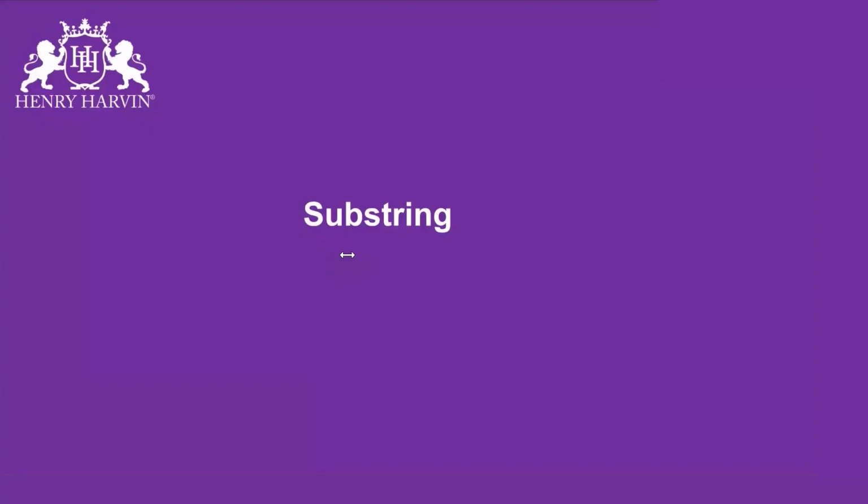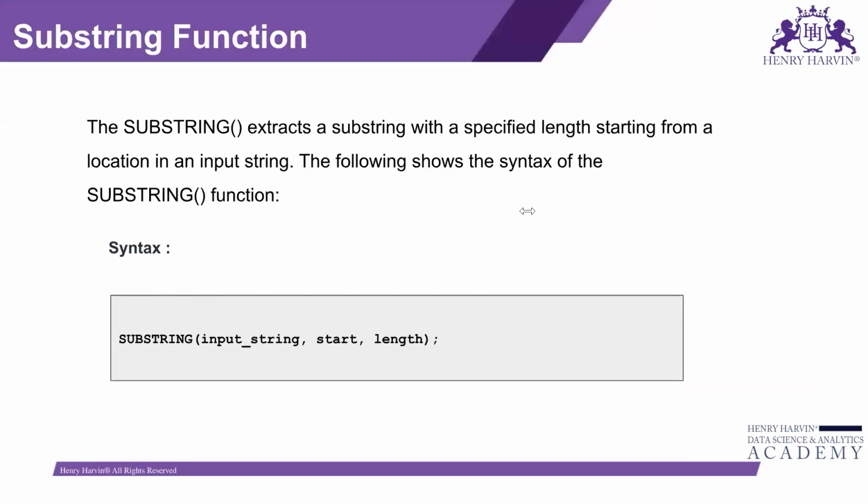Let's look again now at the substrings. In terms of the substrings, we said that you can have substrings within the strings that you've created. To create substrings, you just use the substring keyword. Then of course you give the input string, the start, and the particular length of that substring.